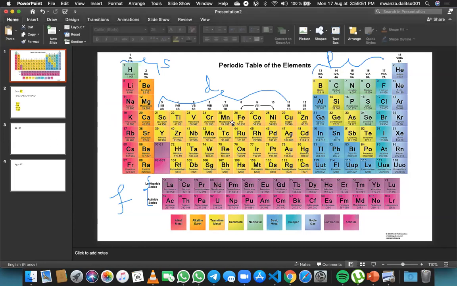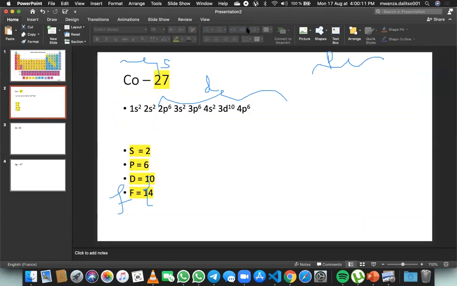Now, cobalt is found at position number 27, and that's the atomic number. We are saying it's 4S, and it is found in the D block, nothing else. Another thing you can do when working out these configurations is just count the number of electrons.